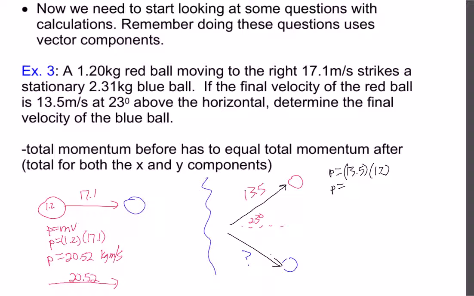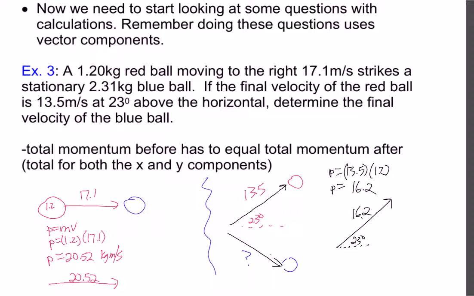Actually, what I'll do is I'll redraw it. So that red ball that was shooting up at an angle, I'll draw that one. It has a momentum of 16.2, and we know the angle is 23 degrees. So now our next step is to figure out its components.